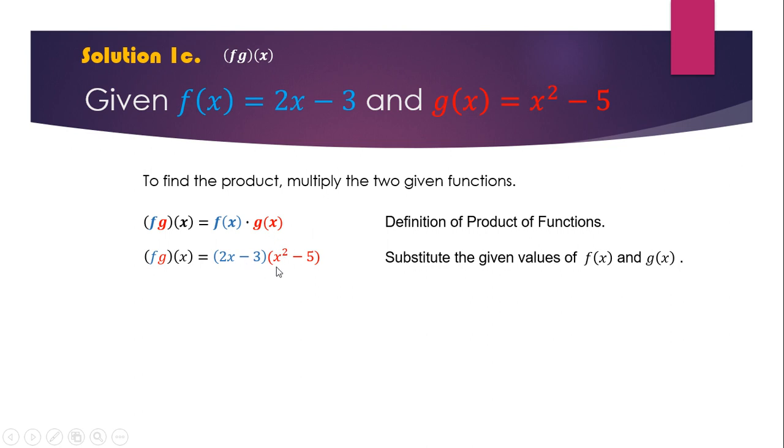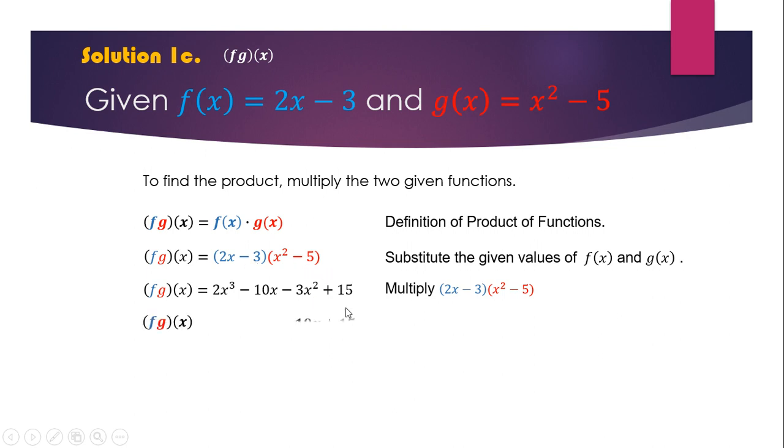So after that, we're just going to multiply the two given binomials by using the FOIL method. So 2x times x squared, that is equal to 2x cubed. 2x times negative 5, that is negative 10x. Negative 3 times x squared is minus 3x squared. Then negative 3 times negative 5, that is positive 15.